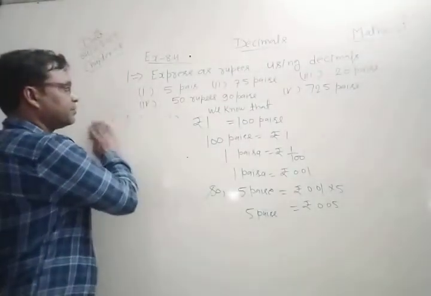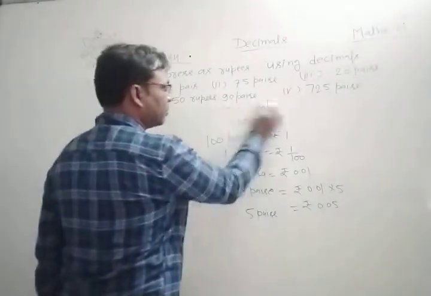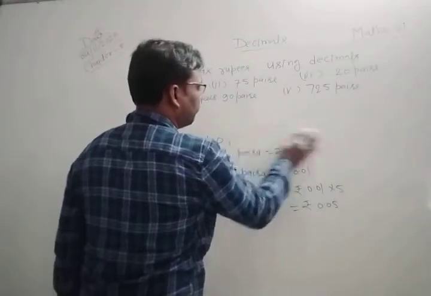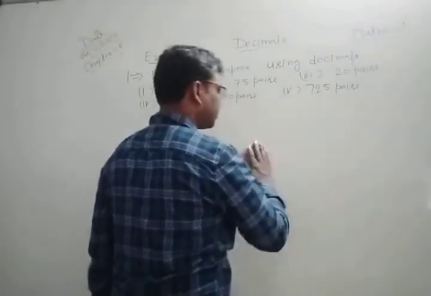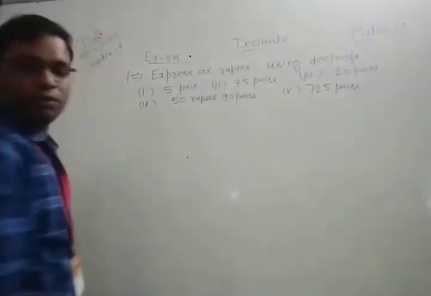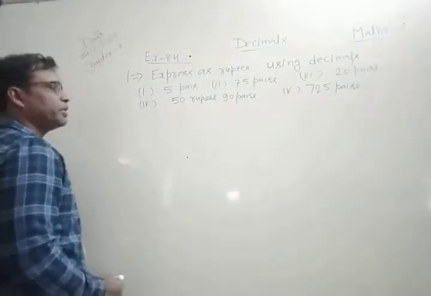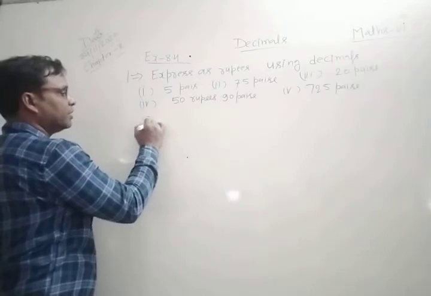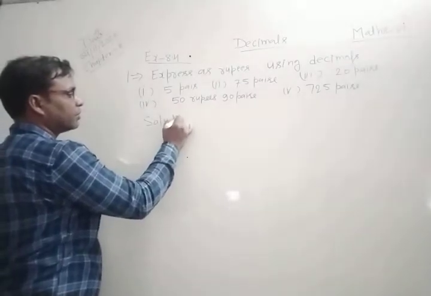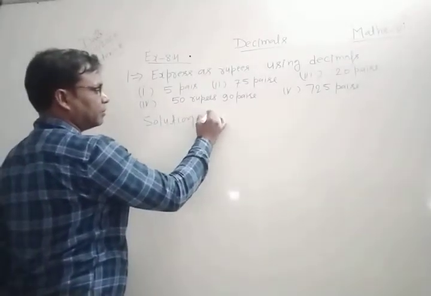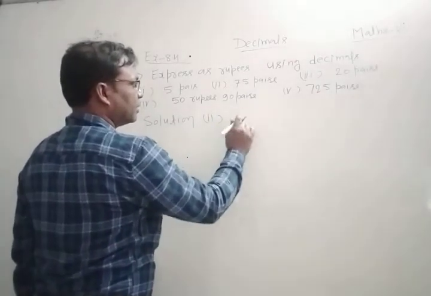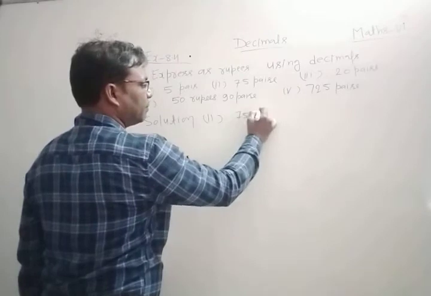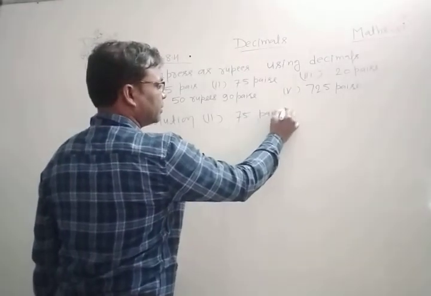For this, first we need to find the relation between rupees and paise. This is the second solution of the second part. This is given 75 paise.